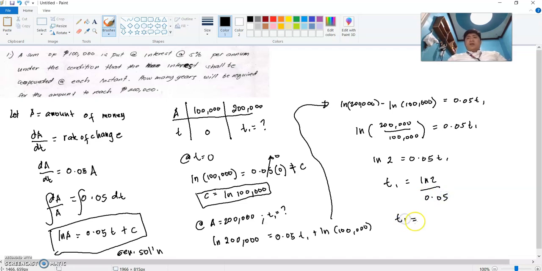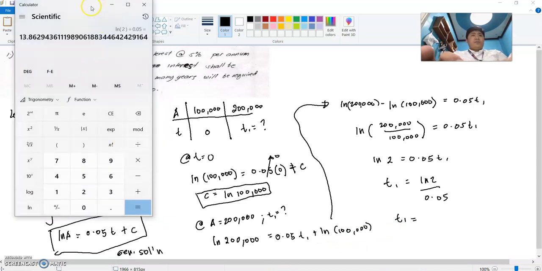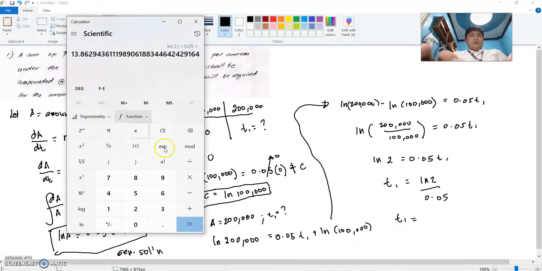So let's try using our calculator. We need to get ln 2 divided by 0.05, which results in 13.863, right?